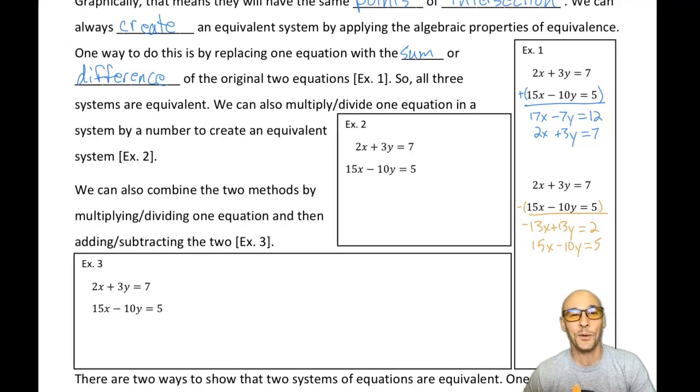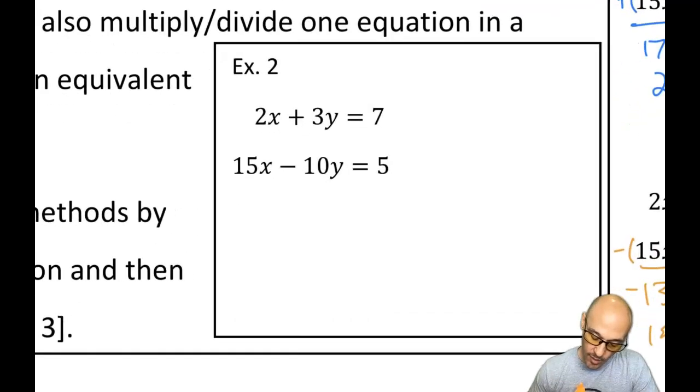We can also multiply or divide one equation in a system by a number to create an equivalent system. So in this one, I'm going to take the first equation here and multiply it by 4. Why 4? I don't know, no reason. In fact, it doesn't benefit us in any way here.